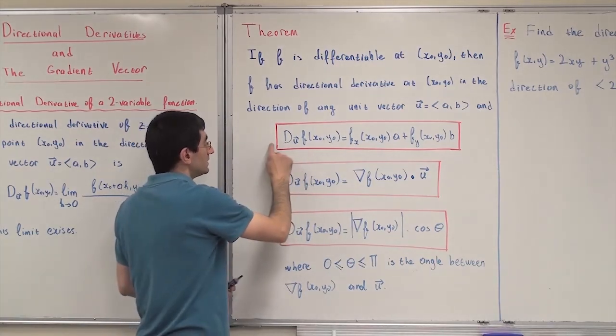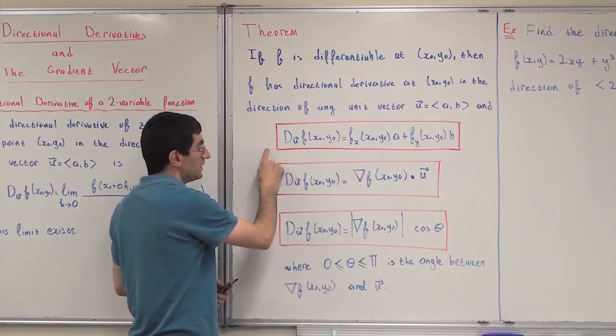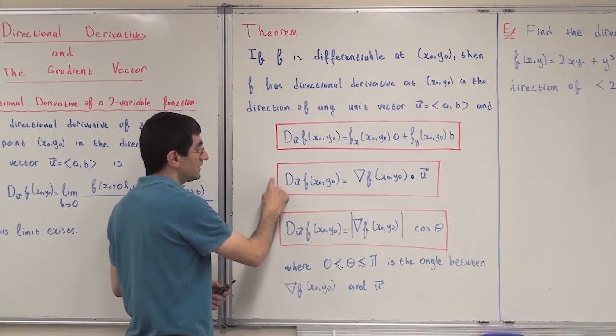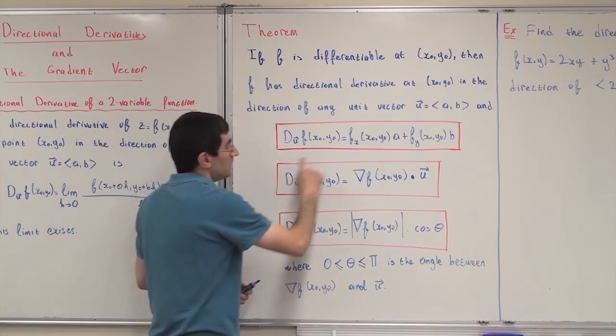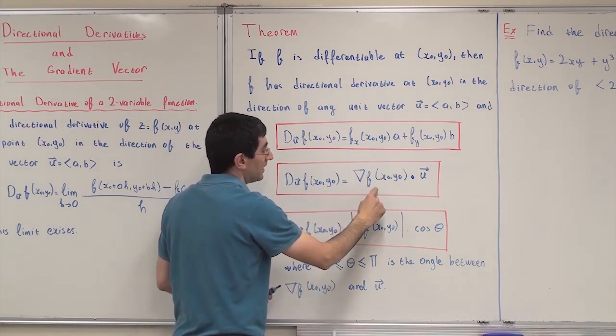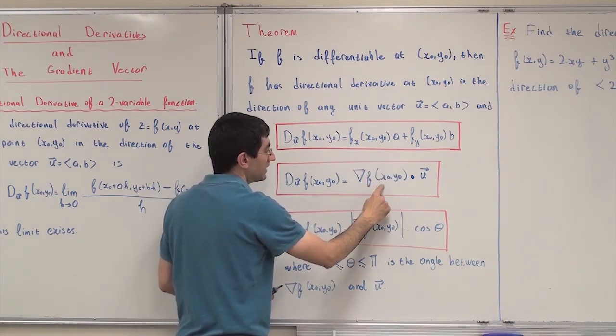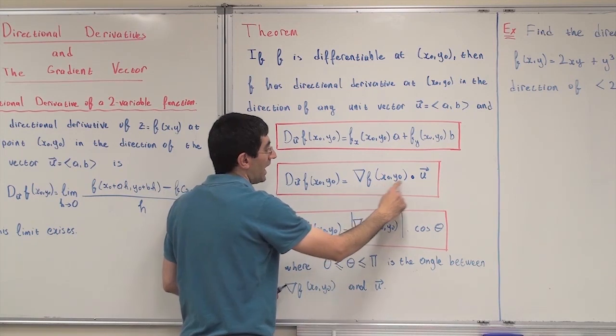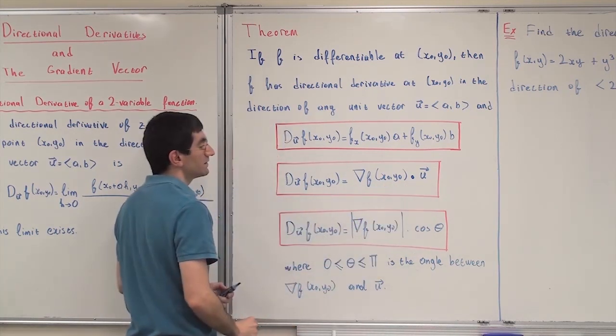Now, this formula can also be rewritten as follows. I recognize the sum as the dot product of the gradient vector and the unit vector u.